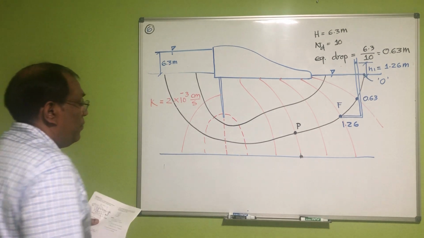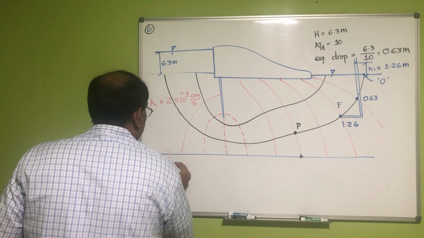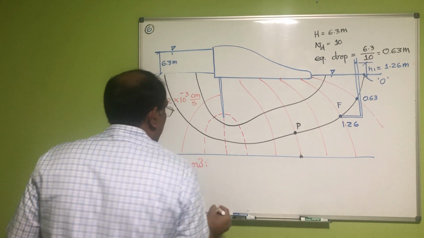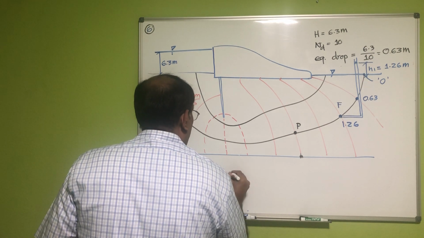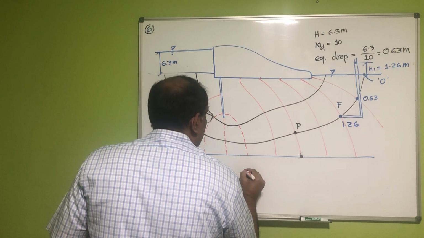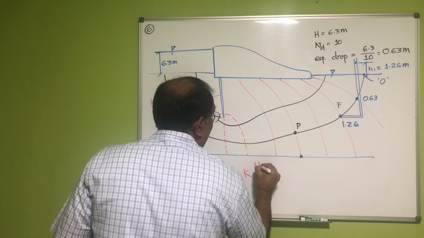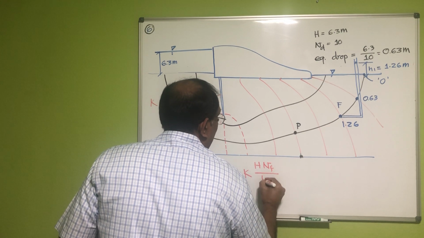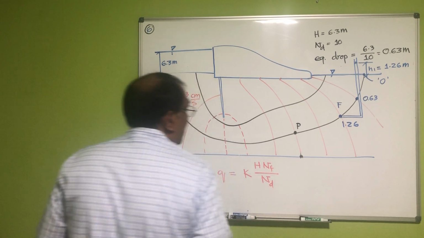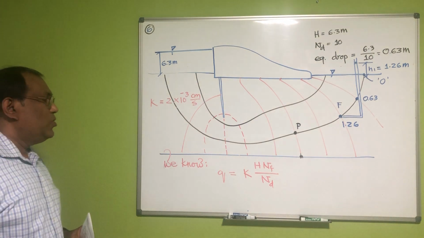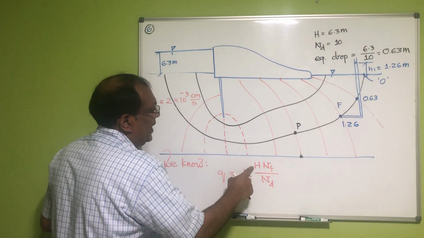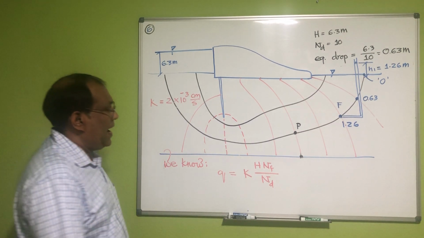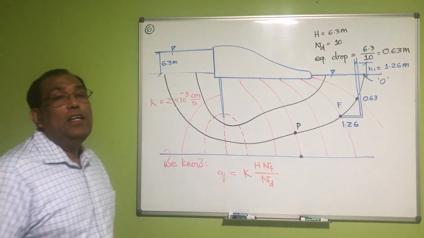Now we know from the flow that Q is equal to K H NF by ND. So K is the hydraulic conductivity, H is the head difference, NF is the number of flow paths, and ND is the number of equipotential drops.